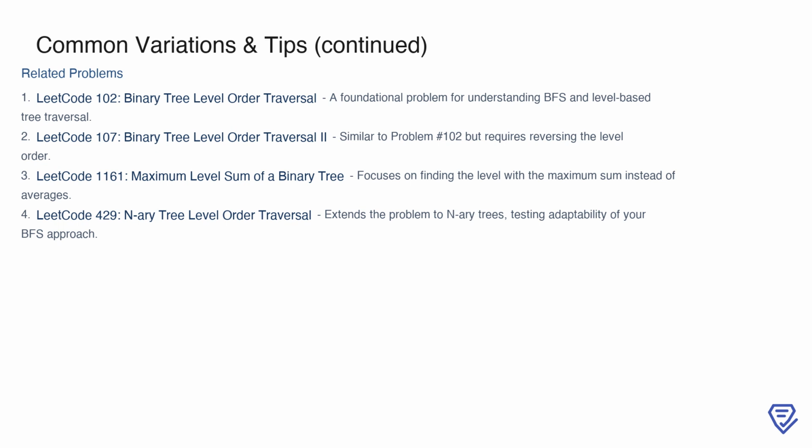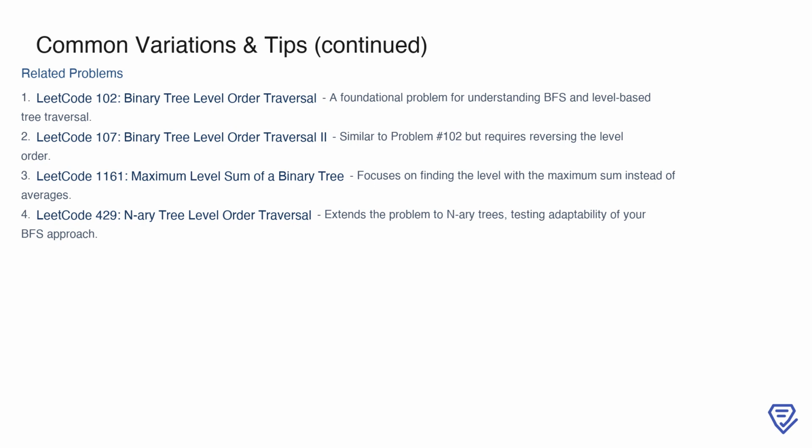For a more challenging twist, consider LeetCode 1161, where the goal is to find the level of the binary tree with the maximum sum rather than computing averages. This problem tests your ability to adapt level-based traversal for different aggregate calculations. Lastly, LeetCode 429 takes the concept into the realm of n-ary trees, challenging you to extend your BFS approach to handle trees where nodes can have more than 2 children. Working through these problems will not only reinforce your BFS skills but also prepare you for a variety of tree traversal scenarios.